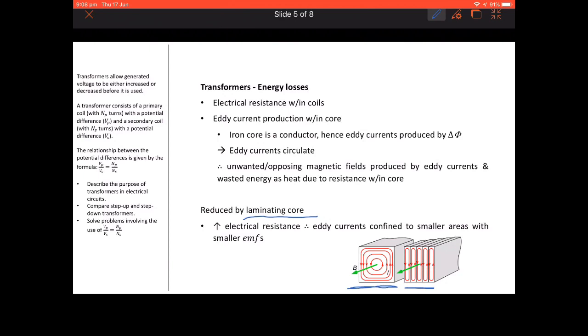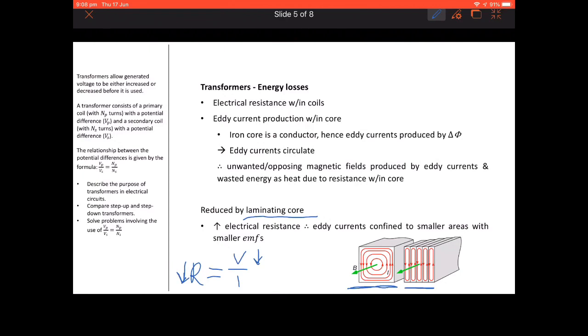Because they're confined to smaller areas, their voltage, their EMF, will be smaller, and if you remember your V equals IR equation, resistance will be equal to voltage divided by current. So if you're decreasing voltage, which is EMF, then you'll be decreasing resistance if the current is the same.